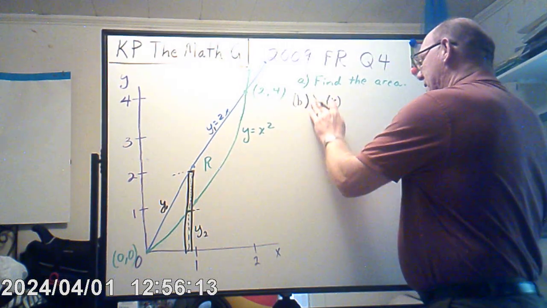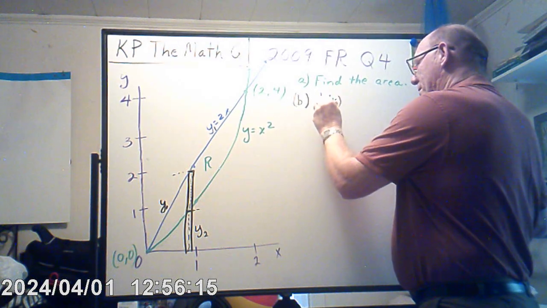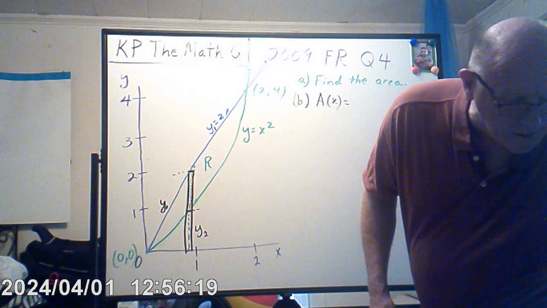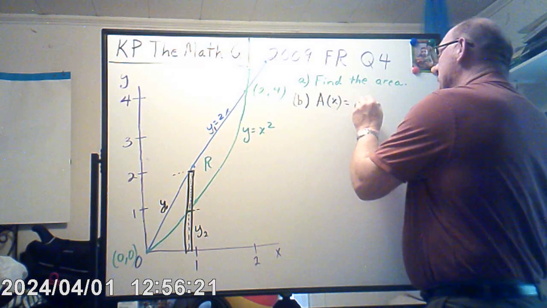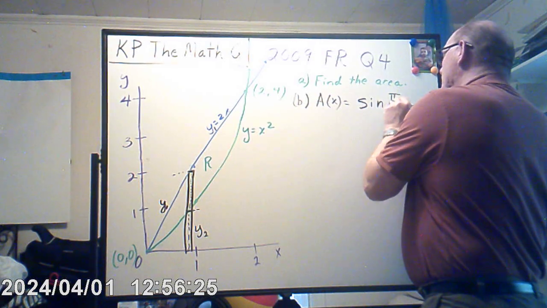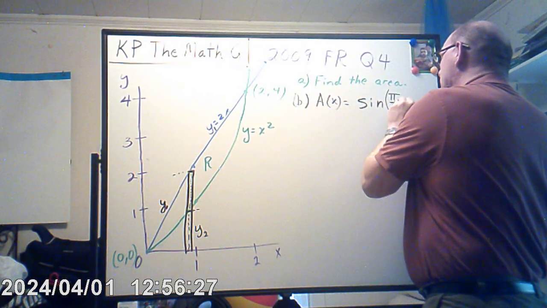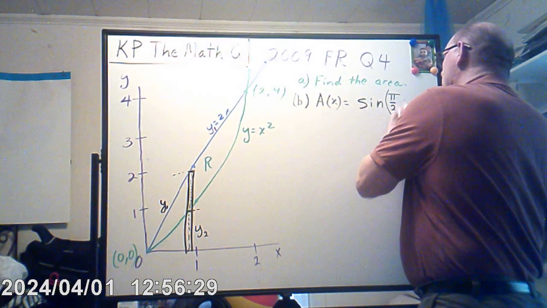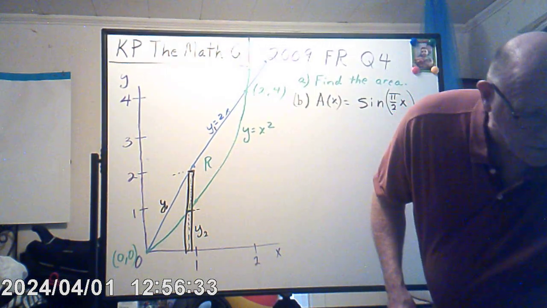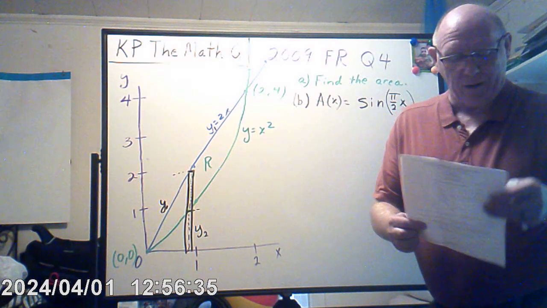They have it as a capital A, so I'll make it capital. Now they're making that sine of pi over 2 x. Okay, like that. Find the volume of the solid.